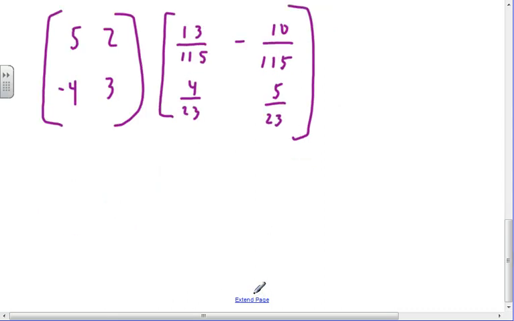All right, so first row, first column, 5 times 13/115 plus 2 times 4/23 had better be 1, otherwise we are not correct.